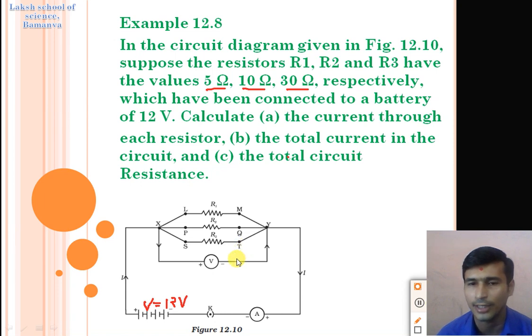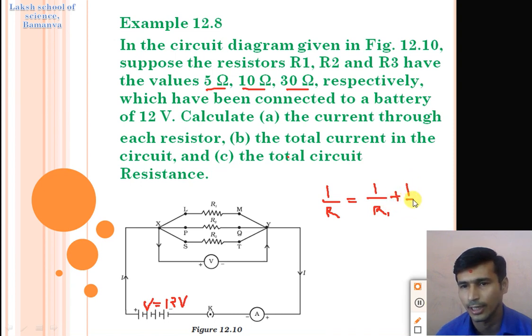Now how do we calculate the total resistance of the circuit? The total resistance is calculated by this formula: 1 upon R is equal to 1 upon R1 plus 1 upon R2 plus 1 by R3.